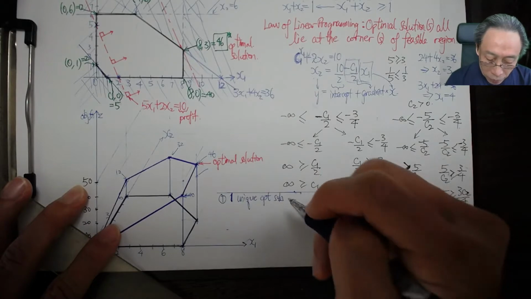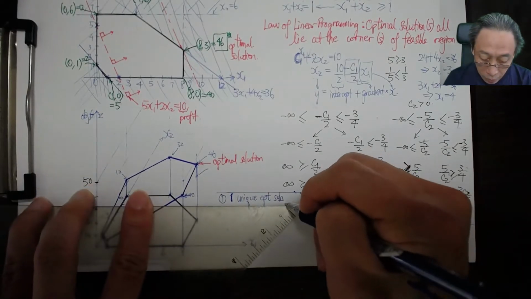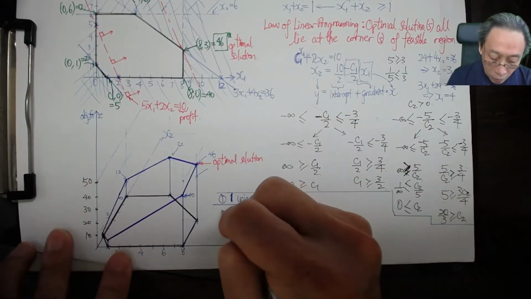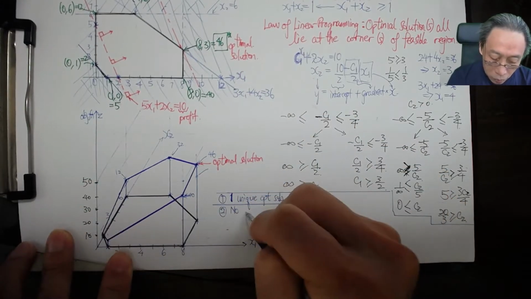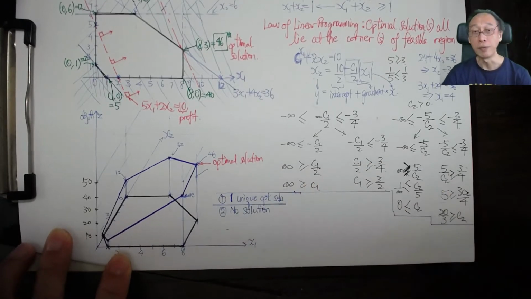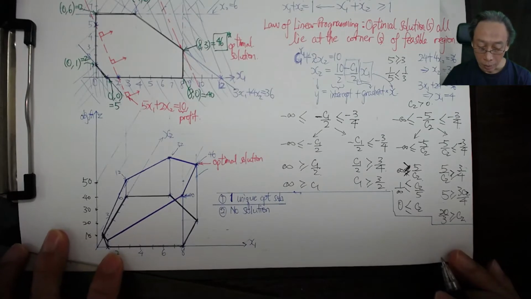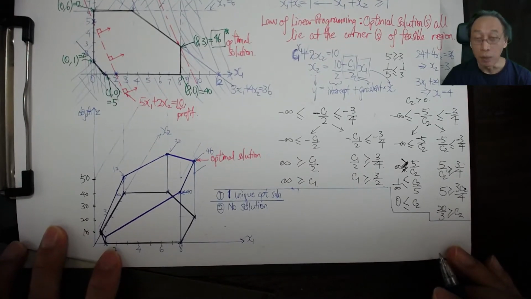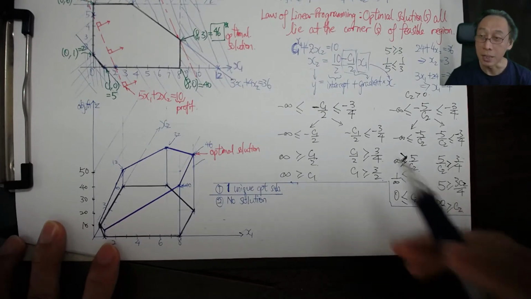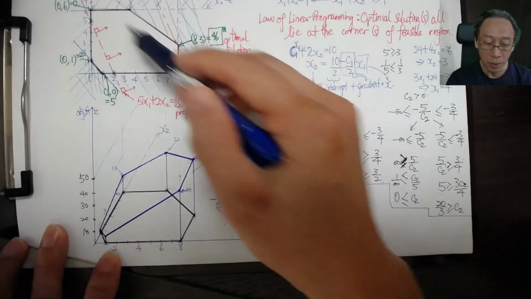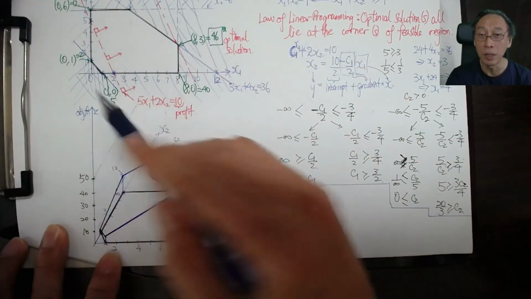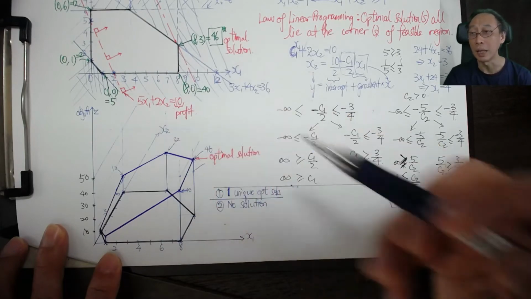So another scenario is when you have no solution to be found. When there's no solution to be found, it is only because the feasible region has been nullified, has been cut off so thin that no point exists anymore.